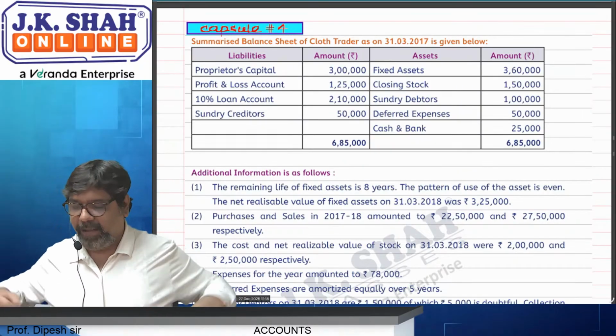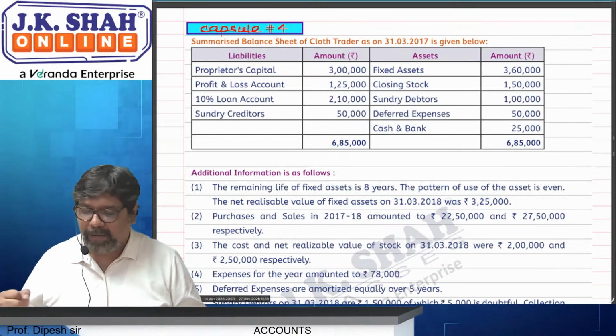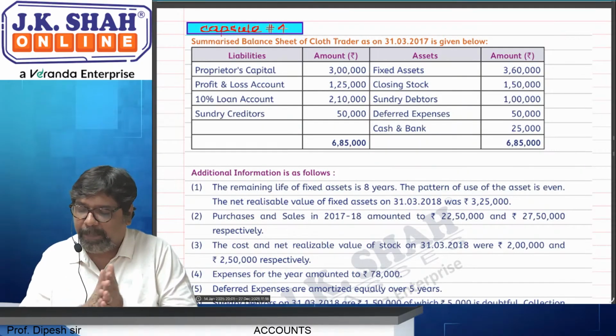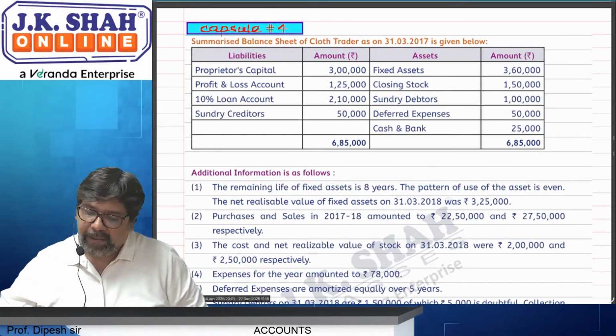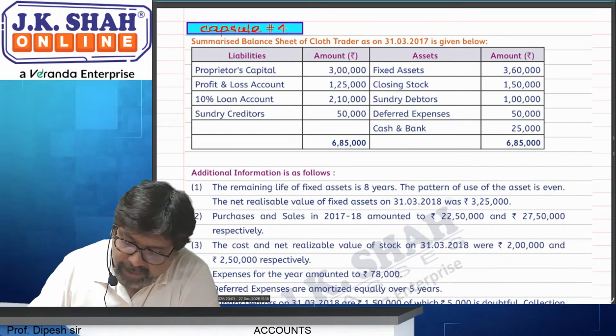Summarized balance sheet of cloth trader as on 31st of March 2017 is given below. Proprietor's capital account, how much? 3 lakhs. PL account 1 lakh 25. This is the balance sheet given as on 31st of March 2017.